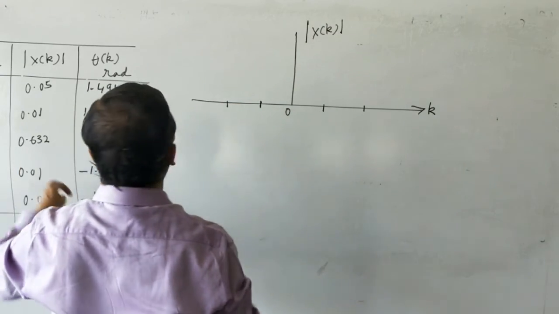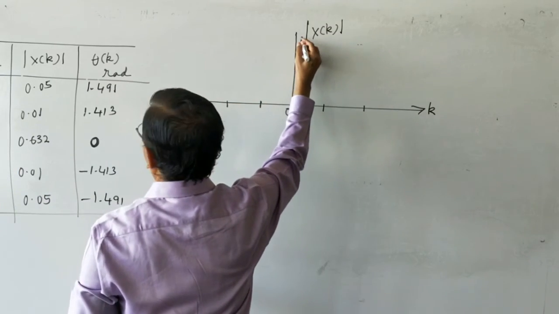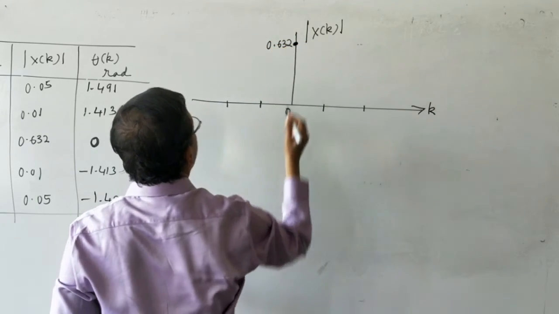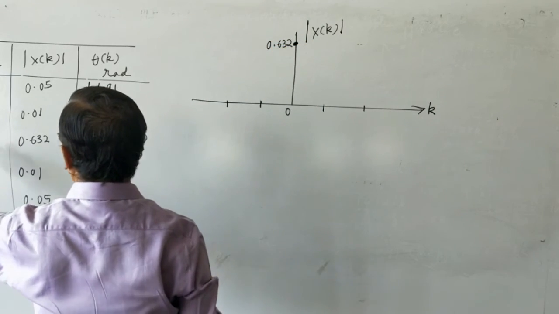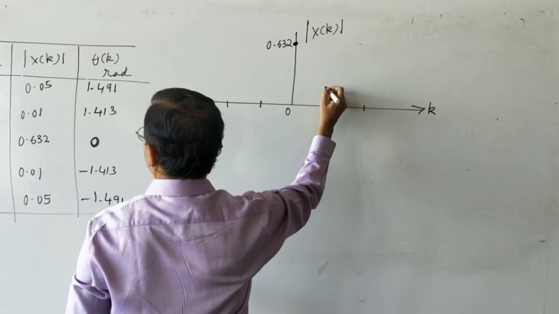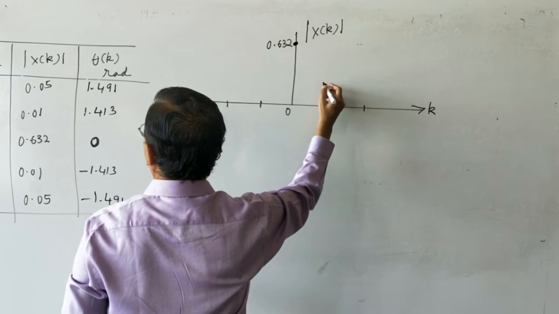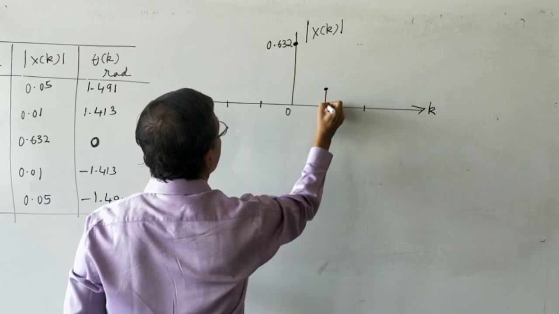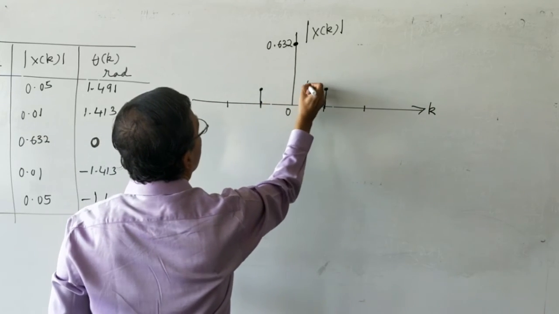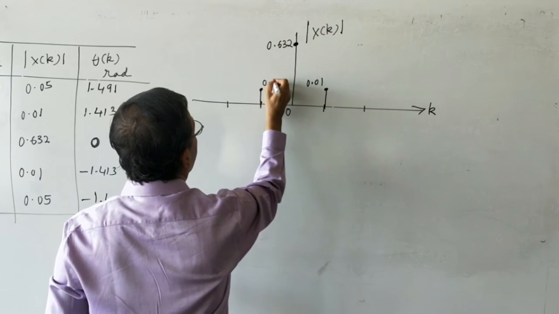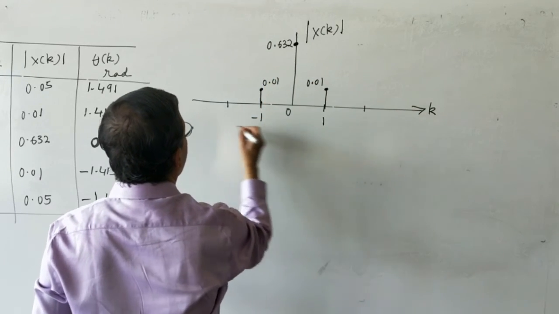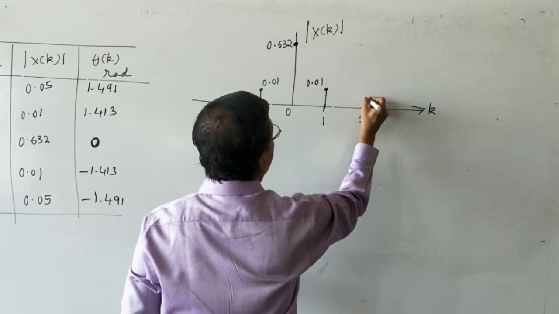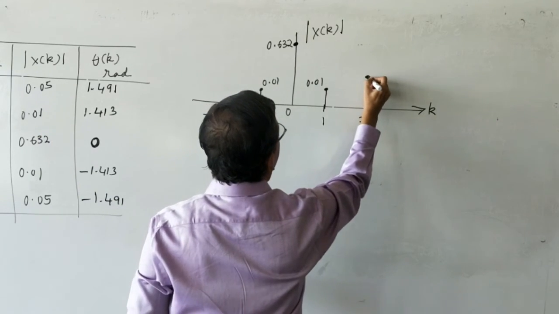When k is 0, it is 0.632. When k is 1 and -1, it is 0.01. When k is -2 and +2, it is 0.05.